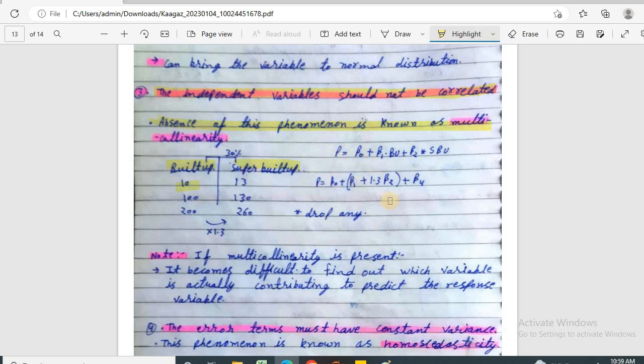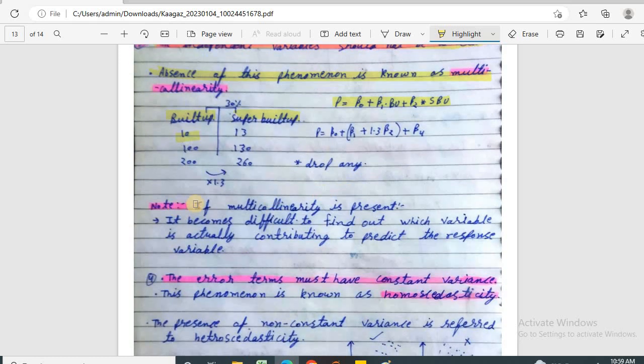So if we have beta naught plus beta 1 built up area plus beta 2 super built up area, we can drop any one variable. If multicollinearity is present, it becomes difficult to find out which variable is actually contributing to predicting the response variable.